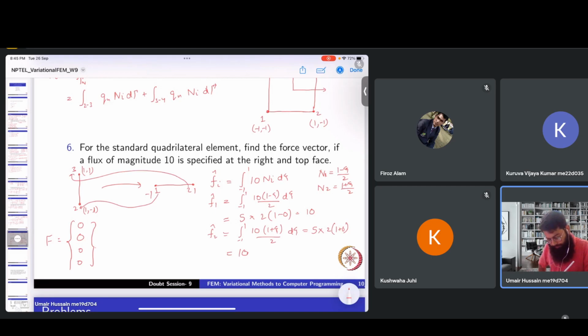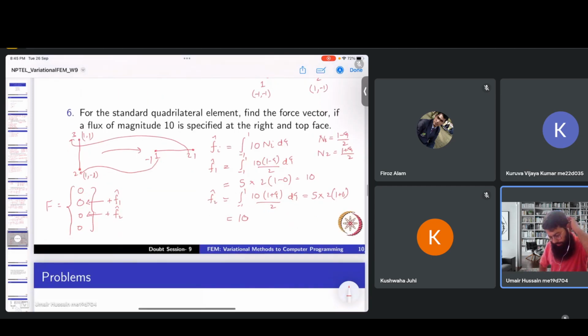So we'll have F1 cap added here and F2 cap added here. After this operation, F would become 0, 10, 10, 0. Okay, fine.